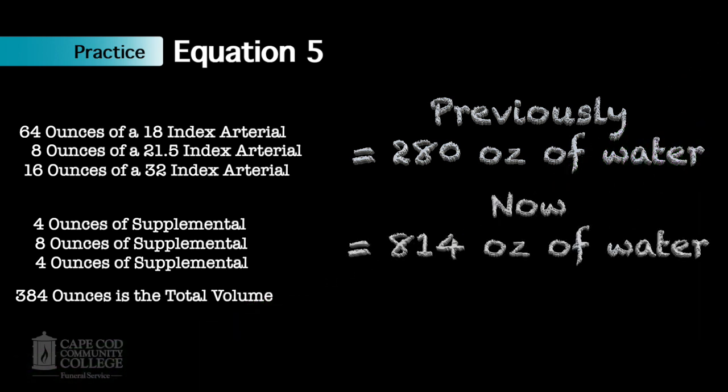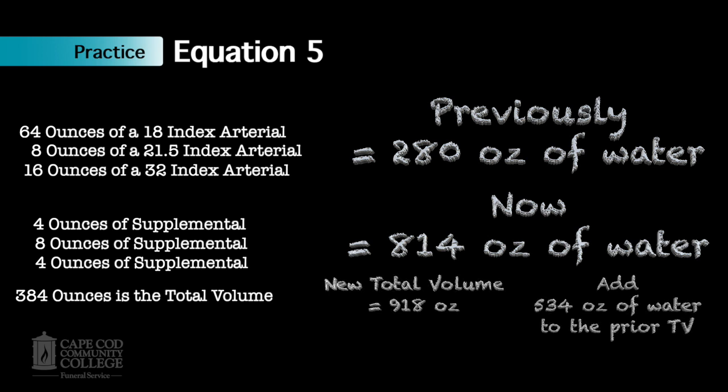Previously, using the information to the left, we found that there was 280 ounces of water in our tank. Now, by obtaining a 2% solution, we now have 814 ounces of water because we had to add water to dilute our existing solution.